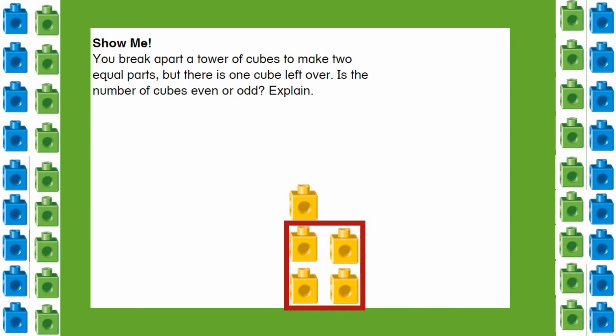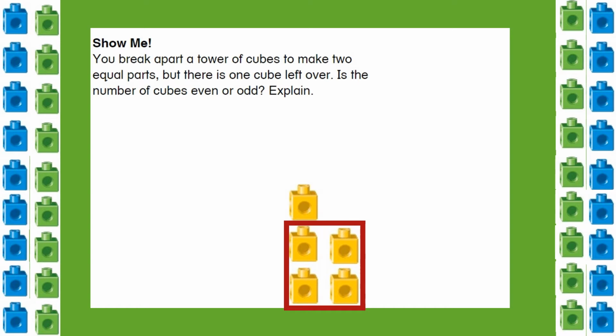I have the same number I had before. I just tried to make 2 stacks. But look at this. I still have 5. Is 5 even or odd? Hopefully you said it was odd. And why do you think so? Because we can't make 2 even stacks with it.